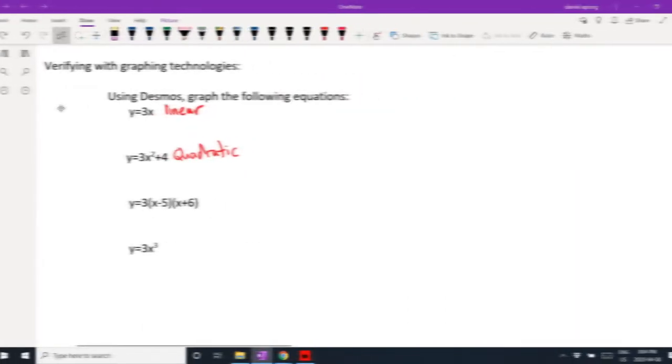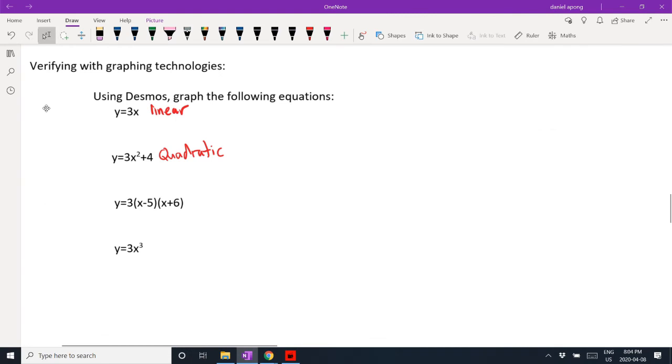So we saw that the equation y = 3(x - 5)(x + 6) is actually a quadratic. As you know, if you expanded these two binomials, we would get a trinomial with a highest degree term of x squared.